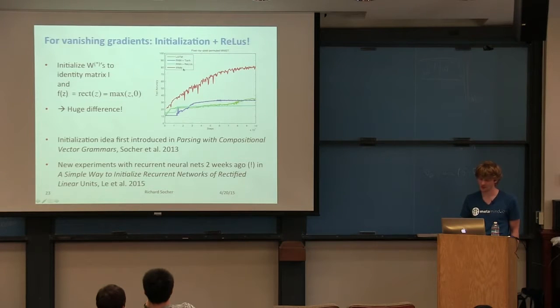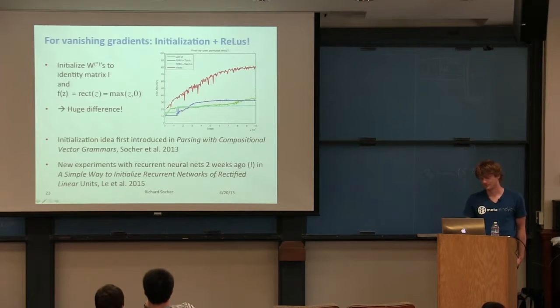If you use this identity initialized recurrent neural network, you basically can get much higher test accuracies than if you used a standard RNN with tanh units. And LSTMs, which work actually incredibly well in some problems, and we'll cover them soon, do better than these other methods, but not as well as this simple trick of just identity initialization and rectified linear units.